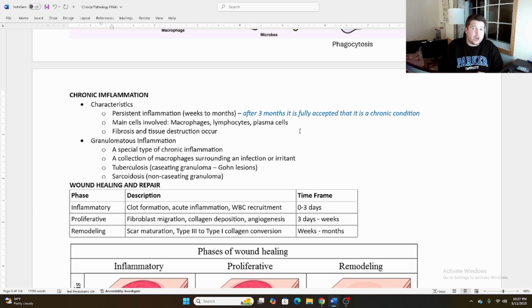I'm not 100% sure which specific textbook boards like. Some say it's more like 21 days or 3 weeks. Others say all the way up to 3 months. I believe the most accepted is 3 months. After the 3-month mark, that is when we officially determine a condition to be chronic.